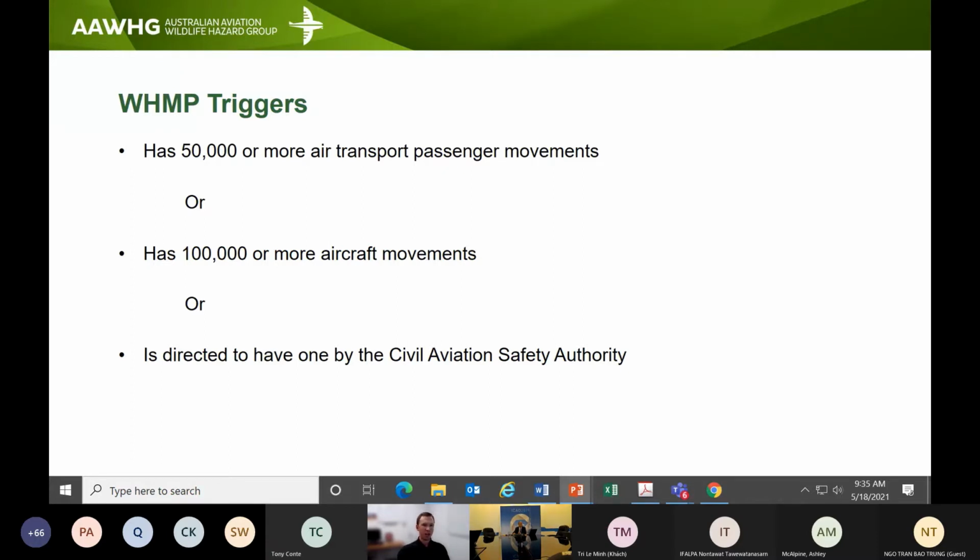The second trigger is based on number of aircraft movements. So where there are 100,000 or more aircraft movements, a wildlife hazard management plan is required. But it's also critically important to note that as the regulatory body, CASA may also direct an aerodrome to develop and implement a WHMP if it's considered necessary in the interest of aviation safety.